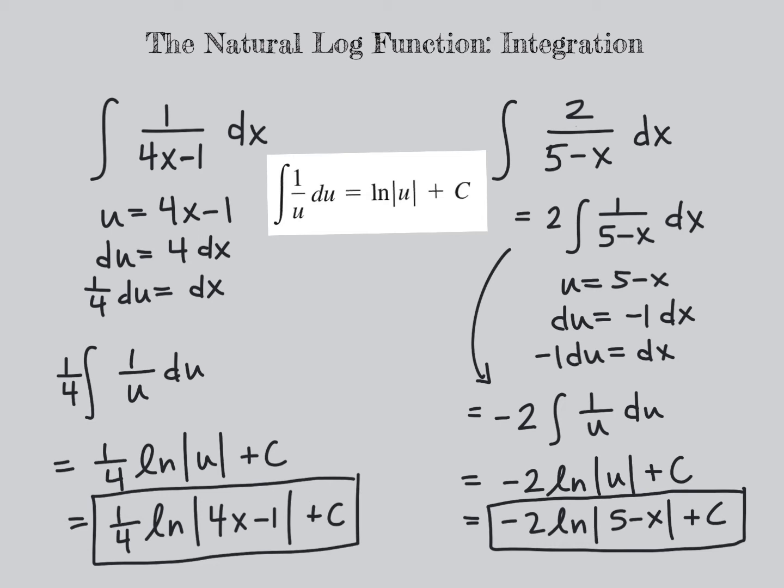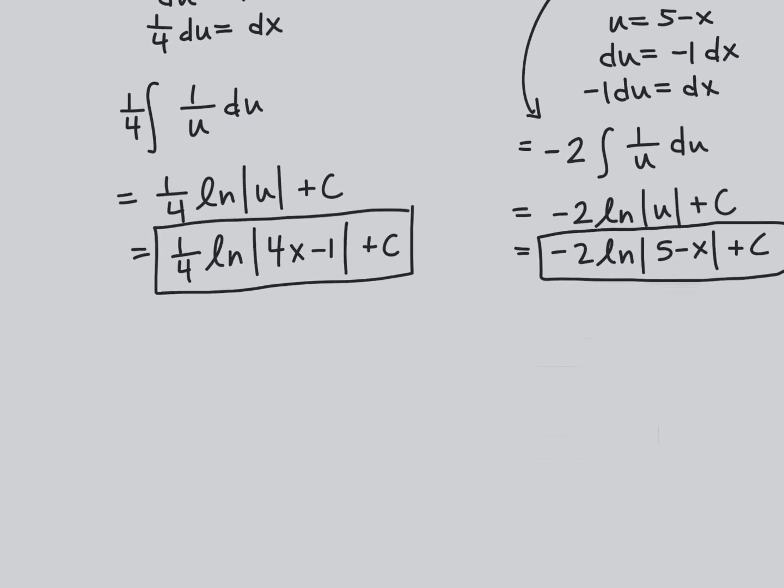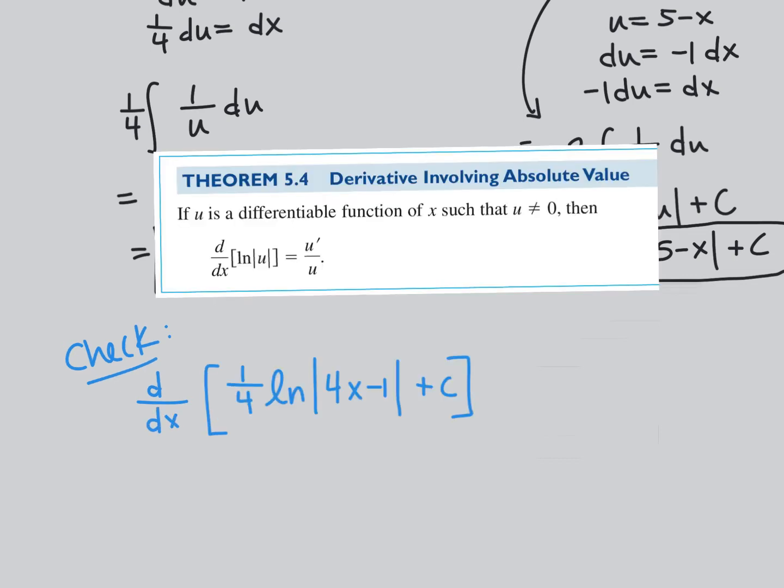I'm going to pick this one to do. So let's check our answer here and see that we get back with what we started. So I'm going to take the derivative with respect to x of our answer here. So we are taking the derivative of what we got for the first example. If we look back from our previous video, we see that if we're taking the derivative of the natural log of the absolute value of u, we end up getting u prime over u.